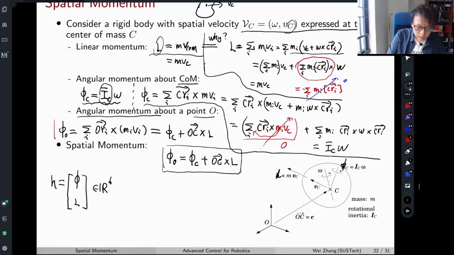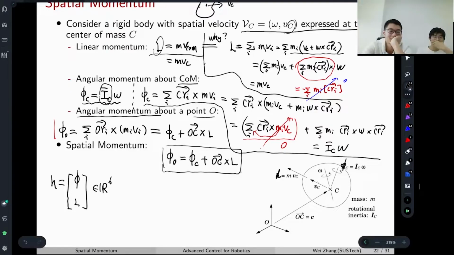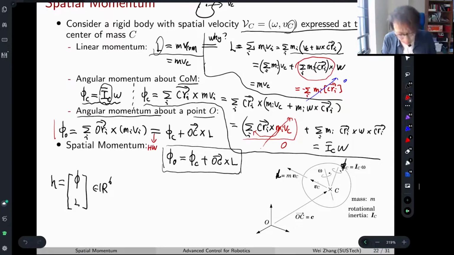And linear momentum is in the same direction as the central mass velocity. Overall you have this spatial momentum, just lumping together rotational and linear momentum. Any questions so far? I will say this part is your homework. You can check, right?